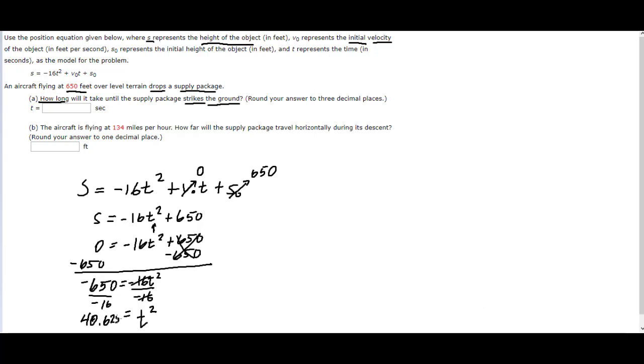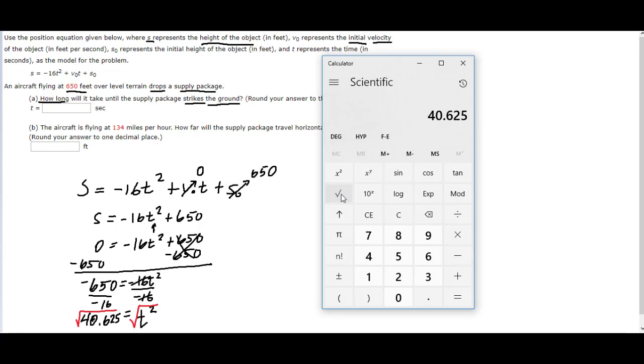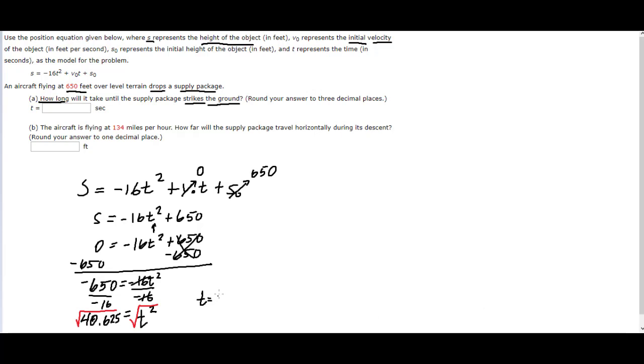Now that is t squared, so we need to take the square root of both sides. And so on this calculator, hit the square root, and they want 3 decimal places. So 6.374. Okay, so 6.374 is our answer here.